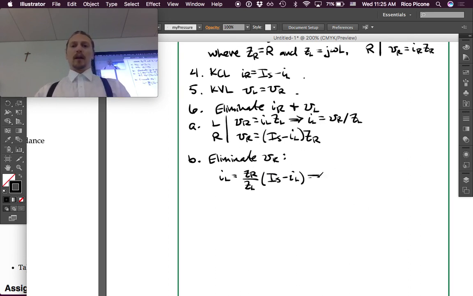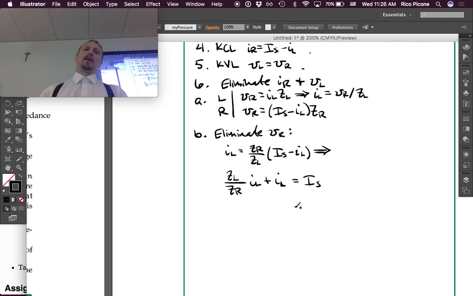We just need to solve for what IL is. So rearranging, let's multiply both sides by ZL over ZR, and then move the IL term over. So that's going to be ZL over ZR times IL, and then I'll move the IL from this right-hand side to the left-hand side, and it becomes positive. This is an IL, and that is equal to IS.